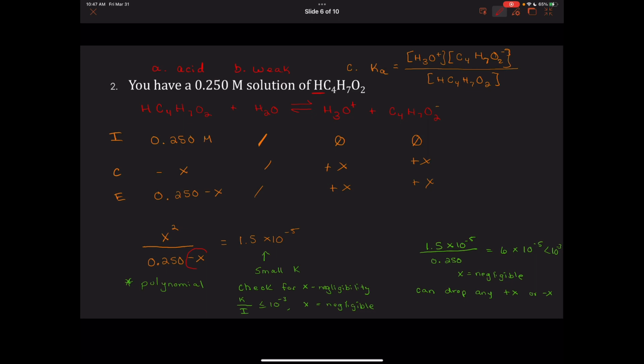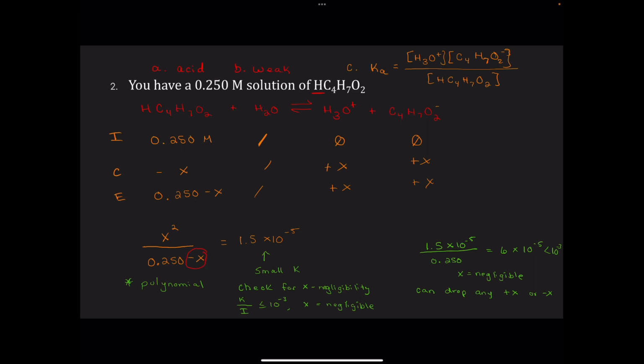So here I've got a minus X. This means we can drop that. And if I drop that, my equation becomes X squared over 0.250 equals 1.5 times 10 to the negative fifth.